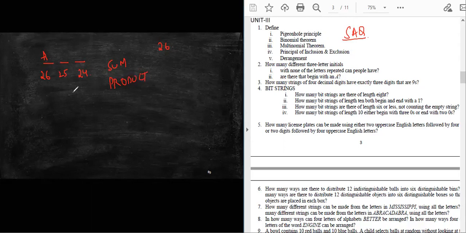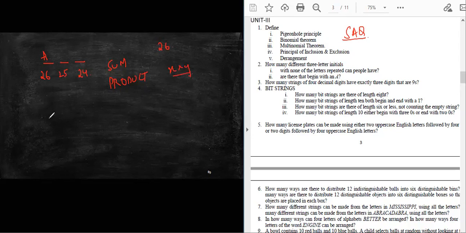In the case of product rule, the definition is, if we have two tasks, and there are x ways to do task 1 and y ways to do task 2, then there will be x into y ways to do the task.